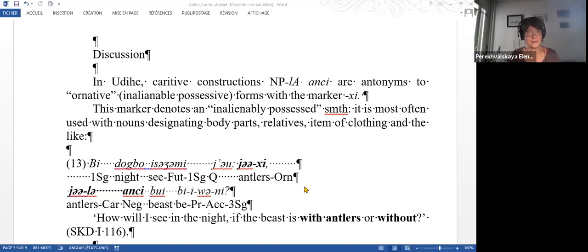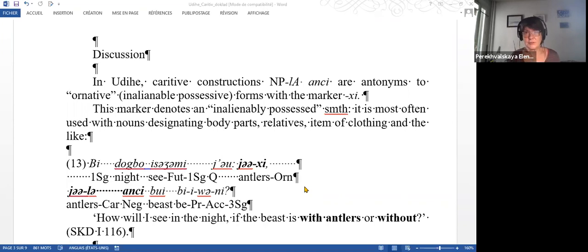It has to be said that in Udihe, like probably in many other Tungusic languages, caritive constructions are antonymous to the so-called ornative. I had difficulties in describing it, especially in glossing. It is, in fact, inalienable possessive forms with marker he.